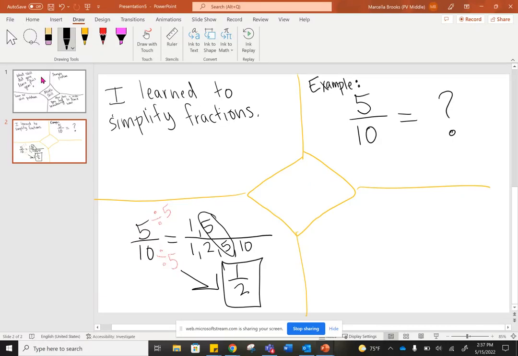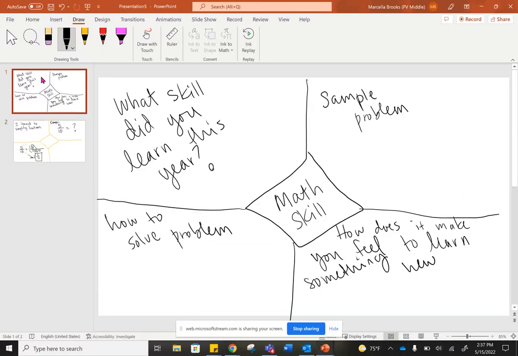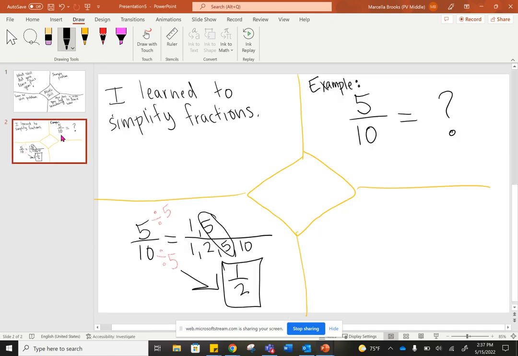And then the last bit, you're going to answer the question, how does it make you feel to learn something new? So maybe at the beginning of the year, you're like, I don't even know what simplifying fractions really means, or maybe you just weren't really that comfortable with it. But now you feel comfortable, and I want you to describe that feeling when you know how to do something. So, for example, when I simplify fractions, I feel capable.